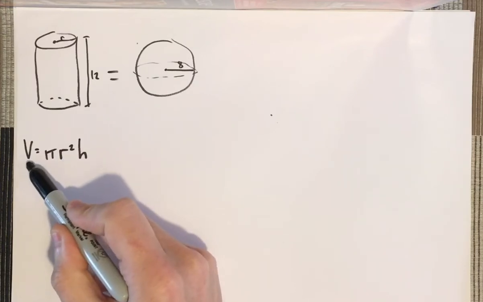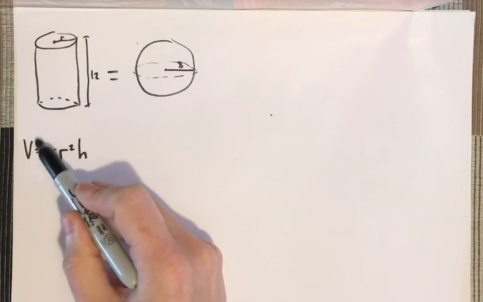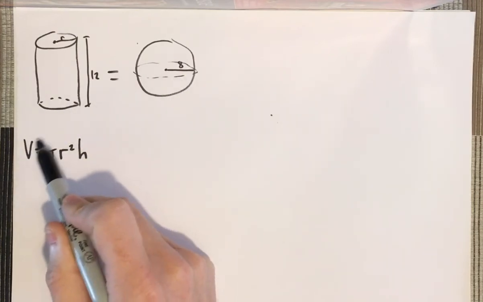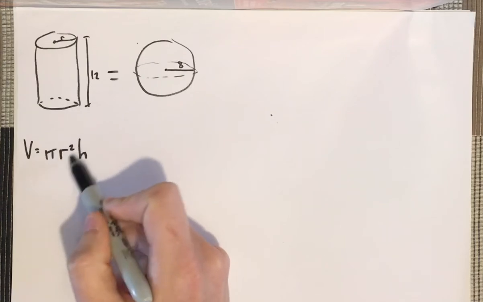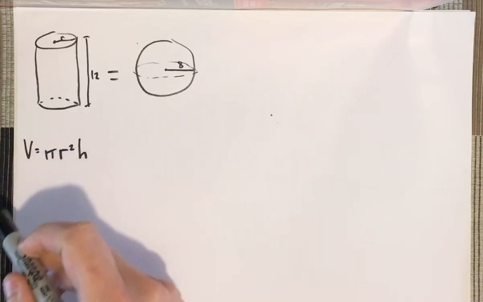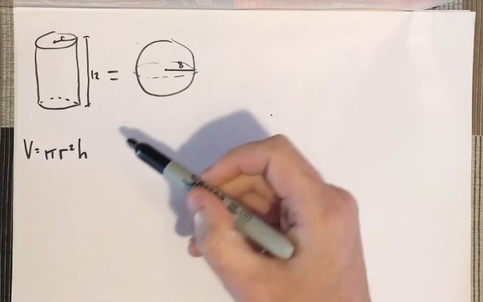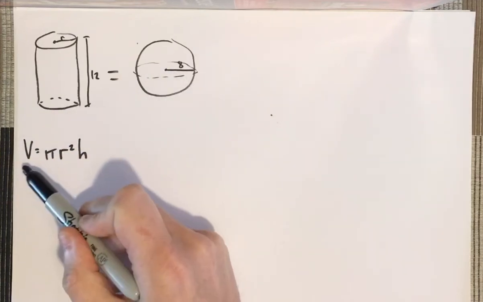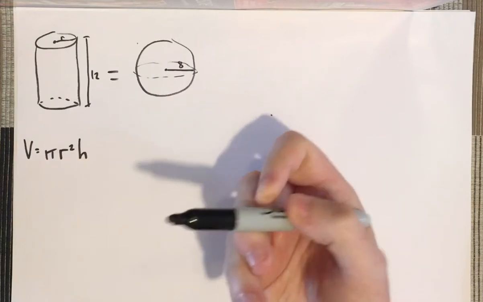But I can get the volume of this cylinder by getting the volume of the sphere. Then I'd know this and I'd be able to solve for r. So the first thing to do here would be to get the volume of the sphere, then that's the answer to this formula and you'll be able to solve for r.